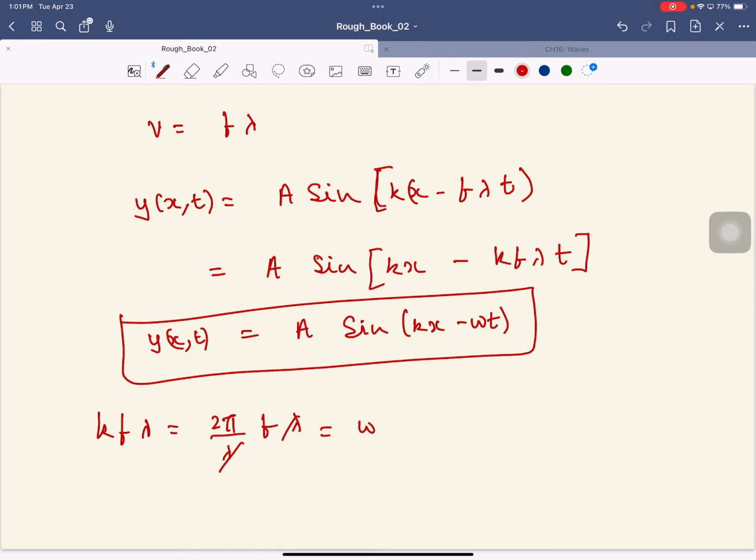So there is that sine wave traveling to the right, whose wavelength is lambda, and whose frequency is f, and whose velocity is frequency times lambda. So you learned how to write a sine wave traveling to the right for any frequency and wavelength.